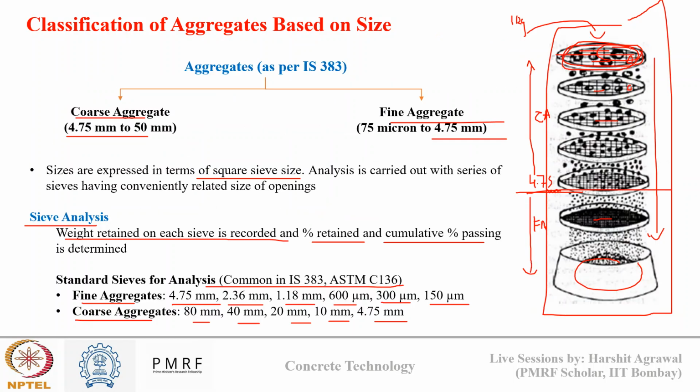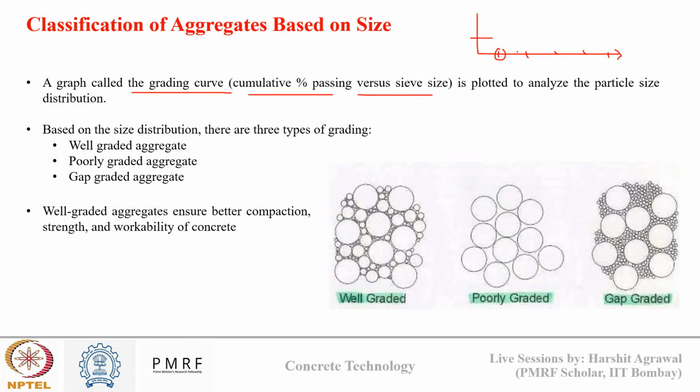For the bottom sieve, the cumulative passing will be all the aggregates in the pan. Similarly, for the third sieve, all the aggregates in the sieves below it will be its cumulative percentage passing. So we do all those calculations, and then we make a plot. This plot is known as the grading curve for aggregates, used to analyze the particle size distribution of aggregate.